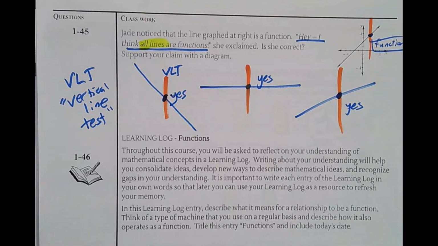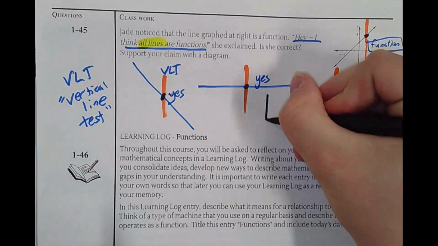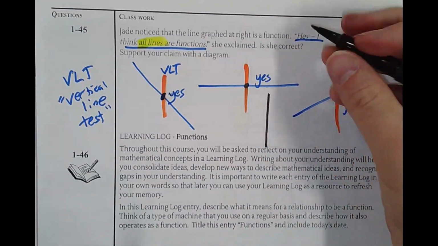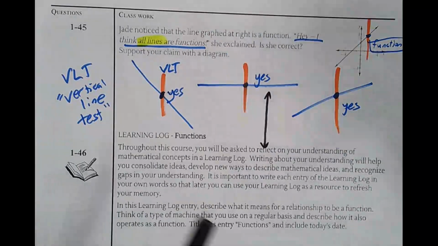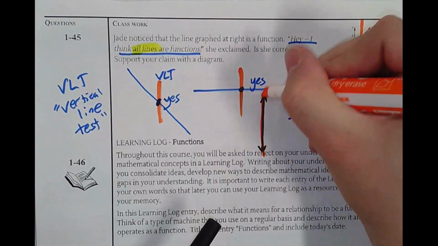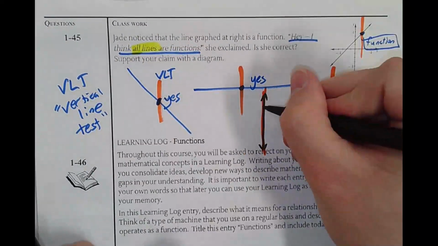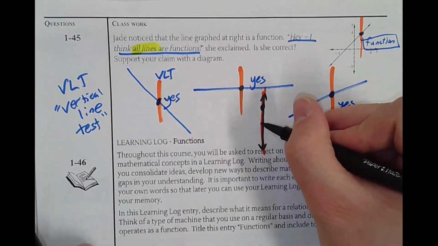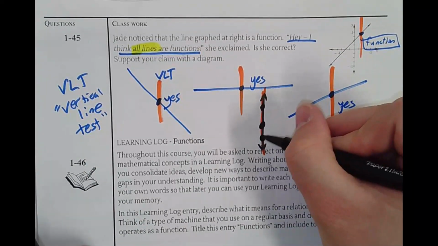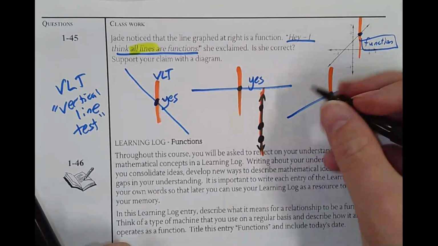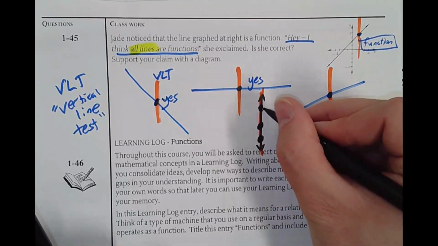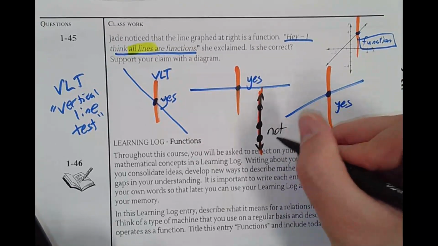What if I draw a vertical line? Is this line a function? Take a look. When I draw the vertical line test going through it, how many dots does it go through? It's going to go through this dot. This input's going to give me this output. This input is also going to give me this output. So this is the only example where a line is not a function.